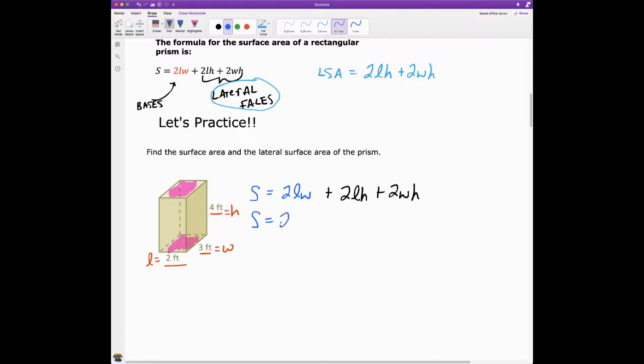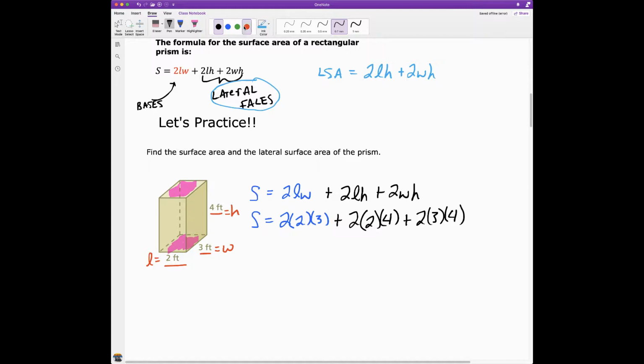So this is 2 times the length, which is 2, times the width, which is 3, plus 2 times the length, which is 2, times the height, which is 4, plus 2 times the width, which is 3, times the height, which is 4.